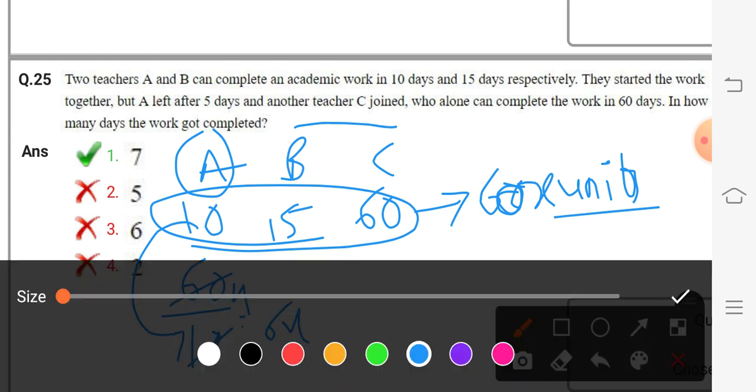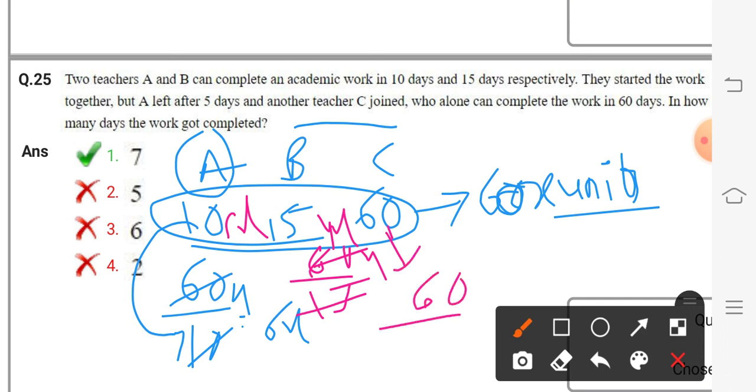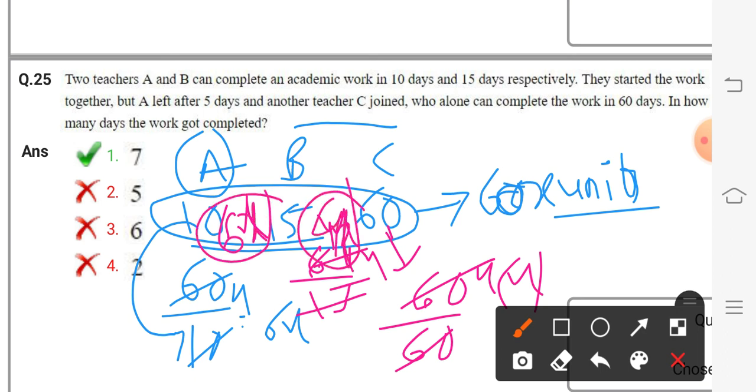And second person capacity or efficiency is total work by his time, that equals 4x. Third person capacity or efficiency is 60 by 60, that is x. Here 6x units is A's efficiency, 4x units is B's efficiency, x units is C's efficiency.